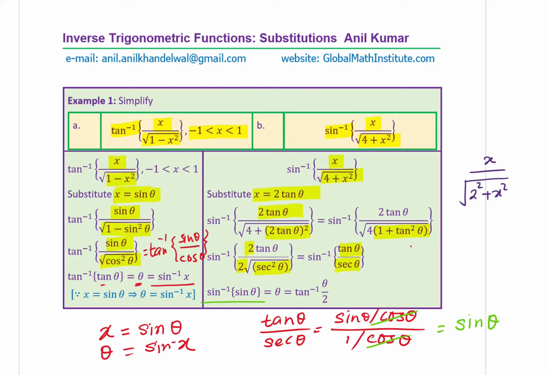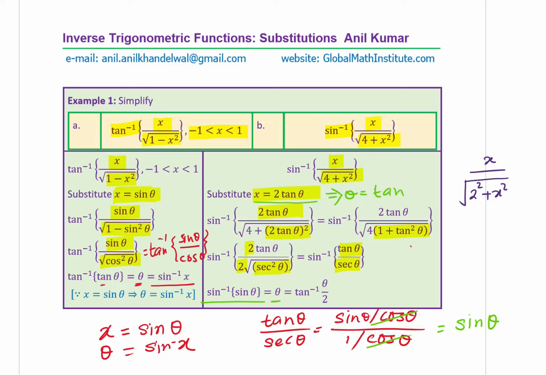So we get sine inverse of sine theta. This is important, right? To solve this, that's a strategy. So we get theta as a result, and when you get theta as a result, now from here you can find what theta is. Well, clearly theta equals, you'll divide x by 2 and then take tan inverse.